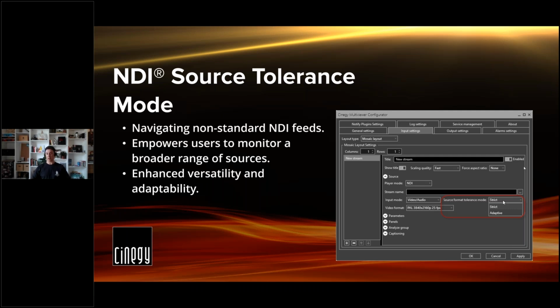Those of you who are trying to set it up with, let's say, NDI tools, would know the pain of it. So we decided that we'll add an option for our users to circumvent it and bring even more sources from different cameras into your monitoring system.